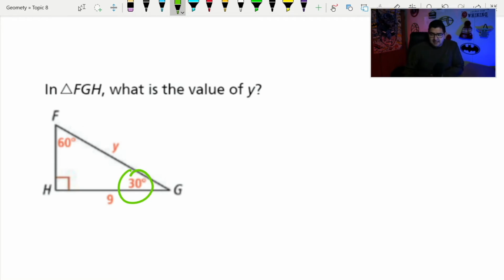I realize that if I do the cosine of this angle, the cosine of 30 degrees, and remember SOHCAHTOA, the cosine is adjacent over hypotenuse, I actually have those two sides. I have the adjacent and the hypotenuse, which is why I chose cosine.